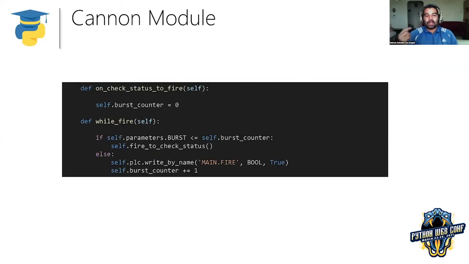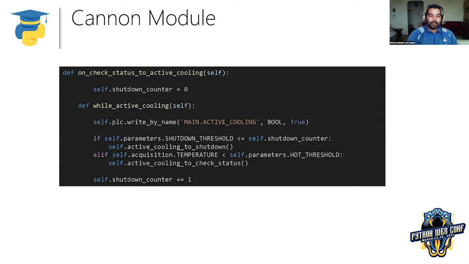Then on check status to fire, this is something that happens on this transition. We set the burst counter to 0 because we want to fire 2 times, 3 times in a row before getting back to the check status, okay? And this is the code that we use while we're firing. And since we're not checking the temperature here, it can get too hot. So we can reduce the burst counter eventually.